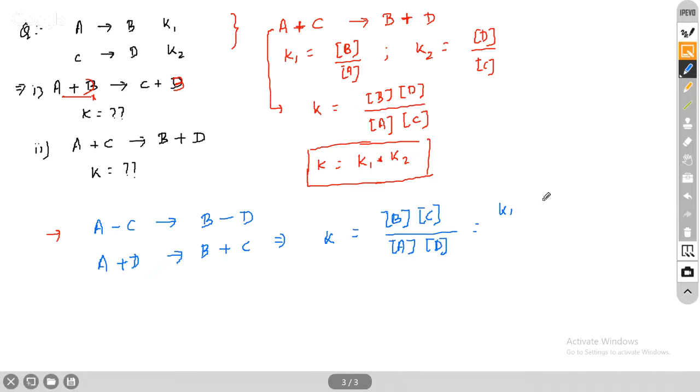So C by D is 1 by K2. So K is K1 by K2. So when we subtract two reactions, the equilibrium constants of the individual reactions get divided like this. We take the ratio of the two.